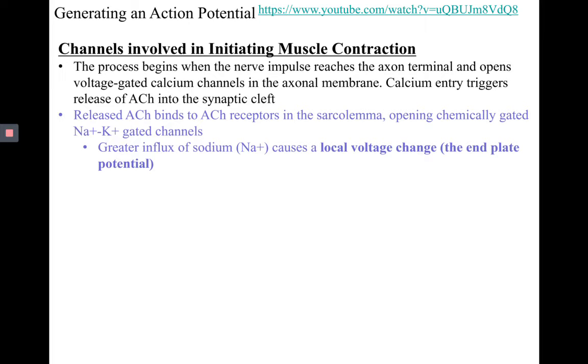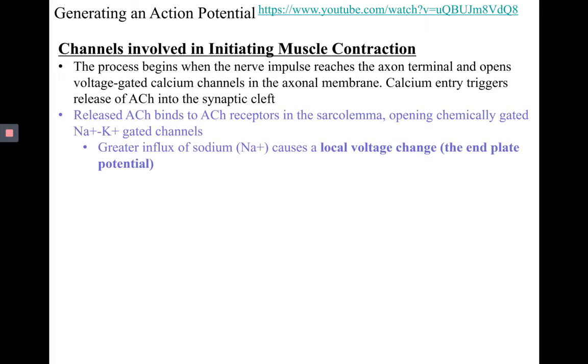When they bind to their receptors, the receptors open, so they're gated channels, and they were just waiting for acetylcholine to bind. Once acetylcholine binds to the acetylcholine receptors, the gates open, and they're sodium-potassium gated channels, so when they're open, they allow for sodium and potassium to move through them.